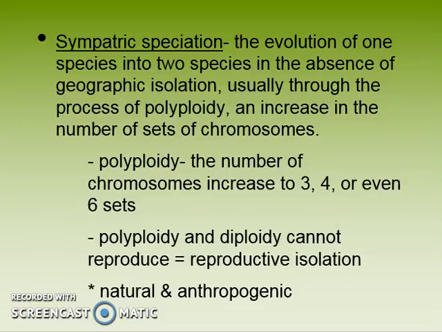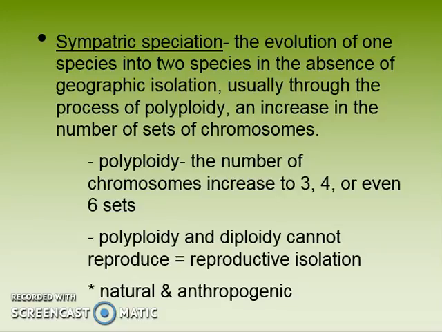If they tried to reproduce with somebody who has 2 sets, they would not be able to produce a fertile offspring. So over time, polyploidy creates a reproductive isolation. They can't breed, so they become isolated reproductively.